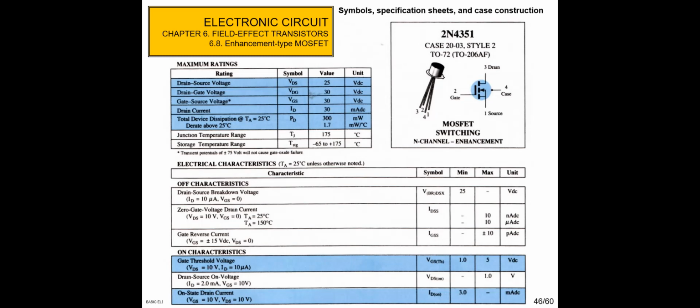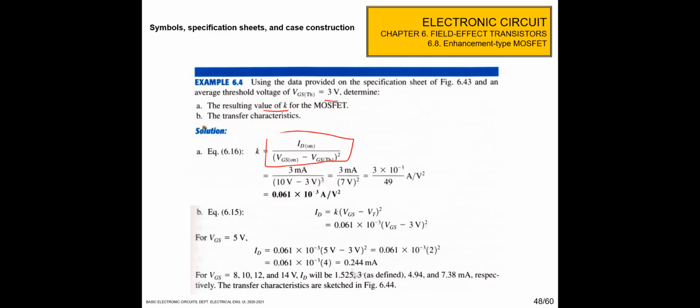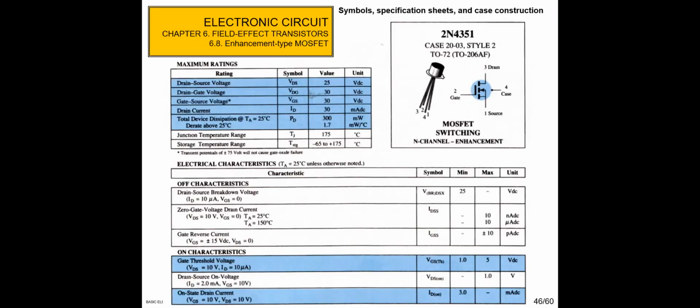Okay, when VGS on. So see the on state, the current here, when VGS is equal to 10 volt, the ID is 3 milliampere.